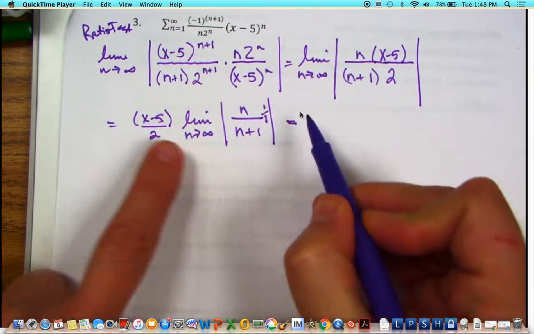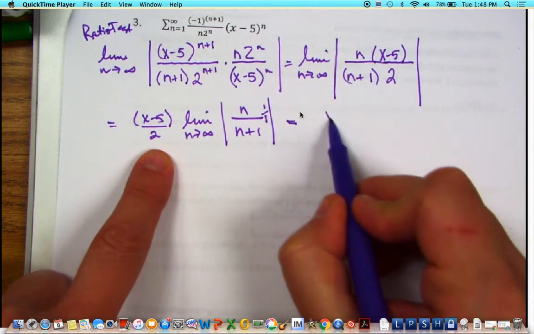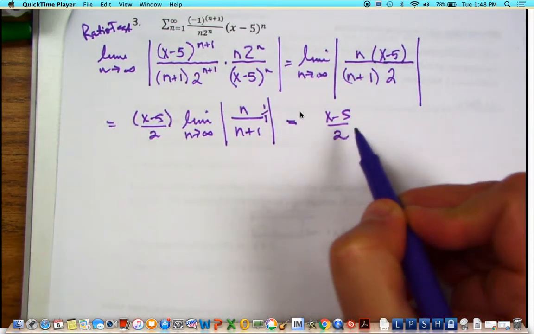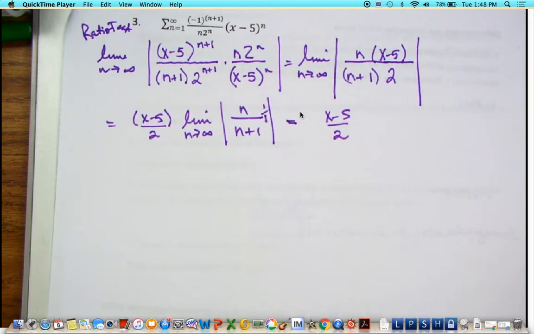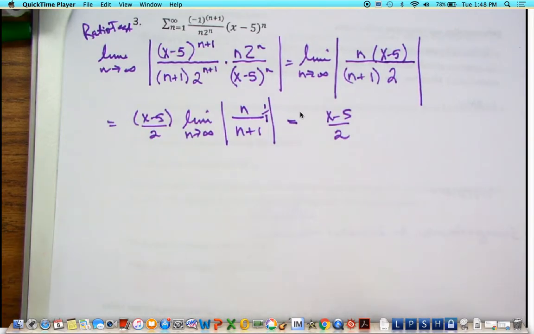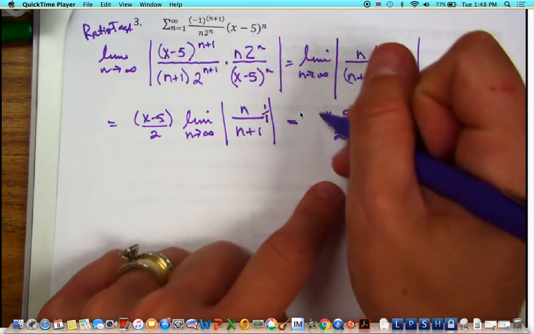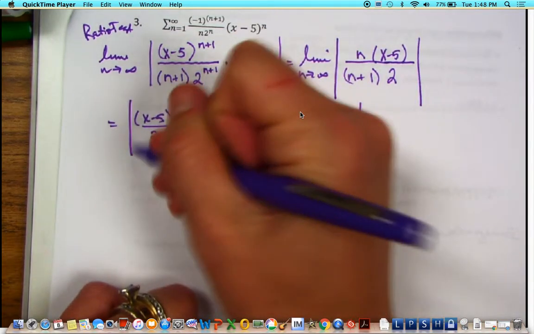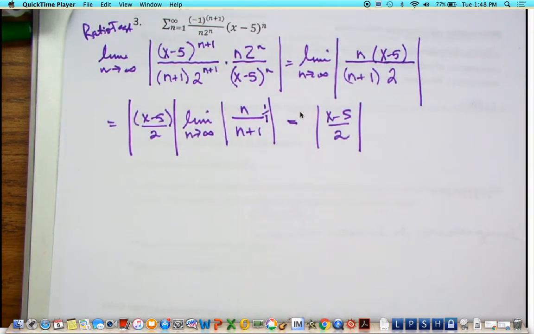Okay. So what's left here? x minus 5 over 2. It's 1 times x minus 5. Now what has to be true about this? Sorry, I should have put that in absolute value bars.